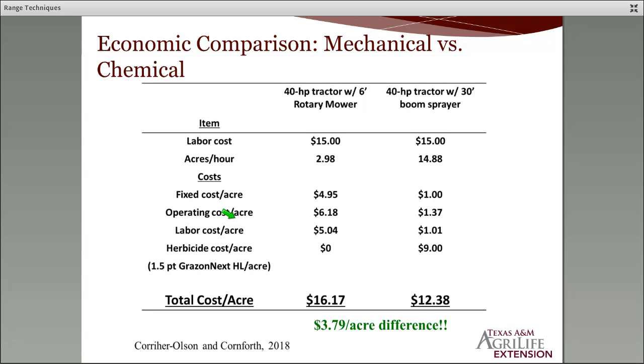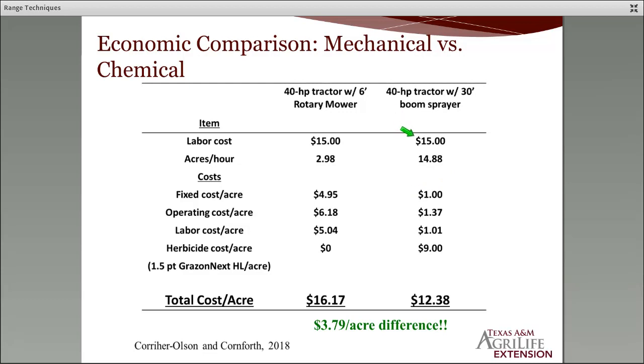Something else to close up on today, since we are nearly out of time. For weed and brush control, or for weed control, keep in mind, spraying is always cheaper than mowing. If you have a 40 horsepower tractor with a 6-foot mower, it would cost you right around $16 an acre.